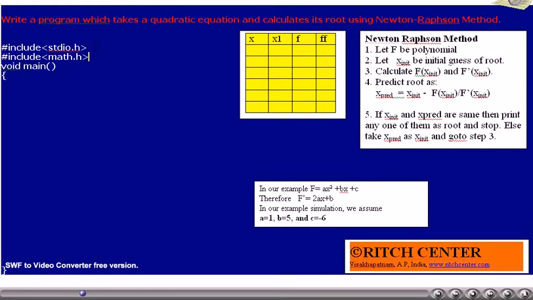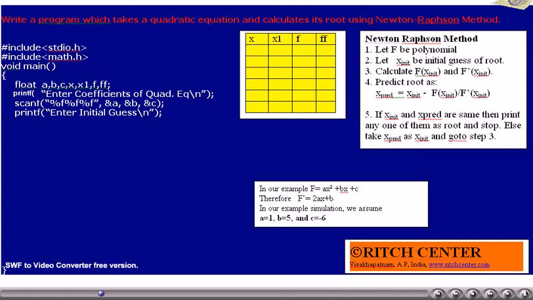In this program, we have included stdio.h and also math.h as we plan to use the function fabs. This function takes a float type of argument and returns the absolute value of the same. Variables a, b, c, x, x1, f and ff are declared.